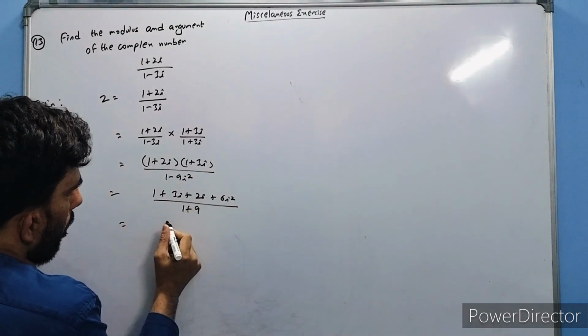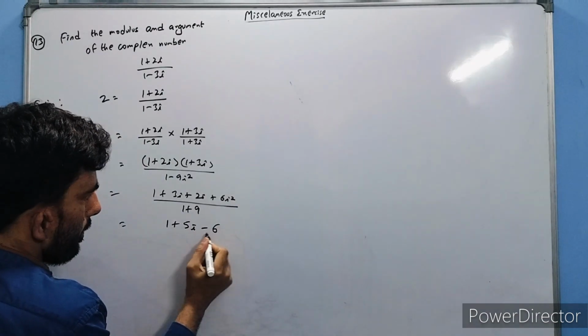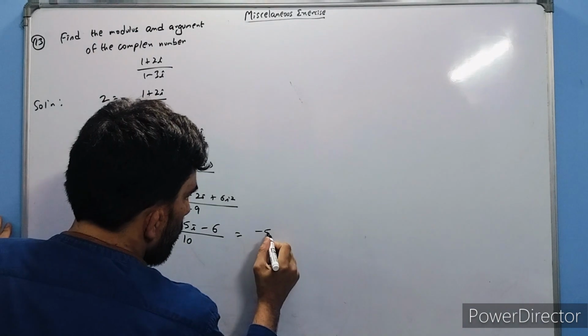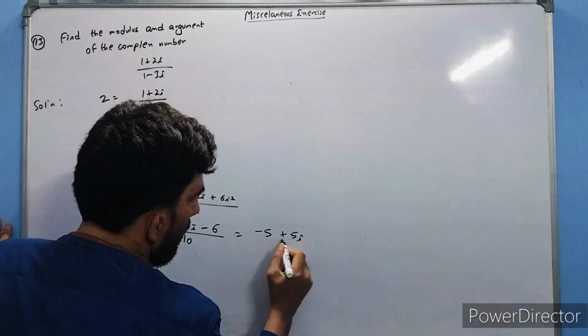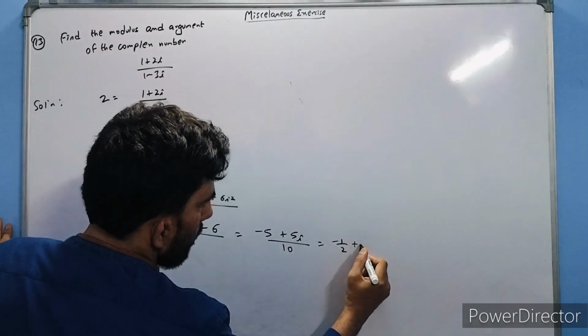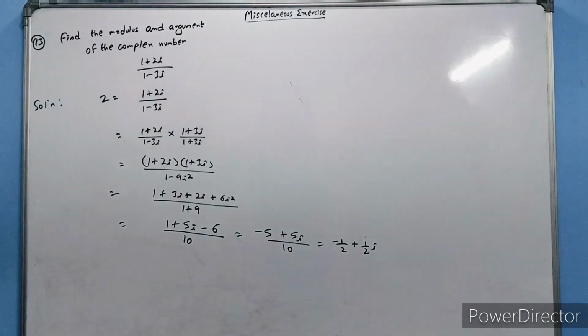So I have 1 plus 5i, i square is minus 1, so minus 6, upon 10. So I have minus 5 plus 5i upon 10. So I have minus half plus half i. So this is the complex number I have got.